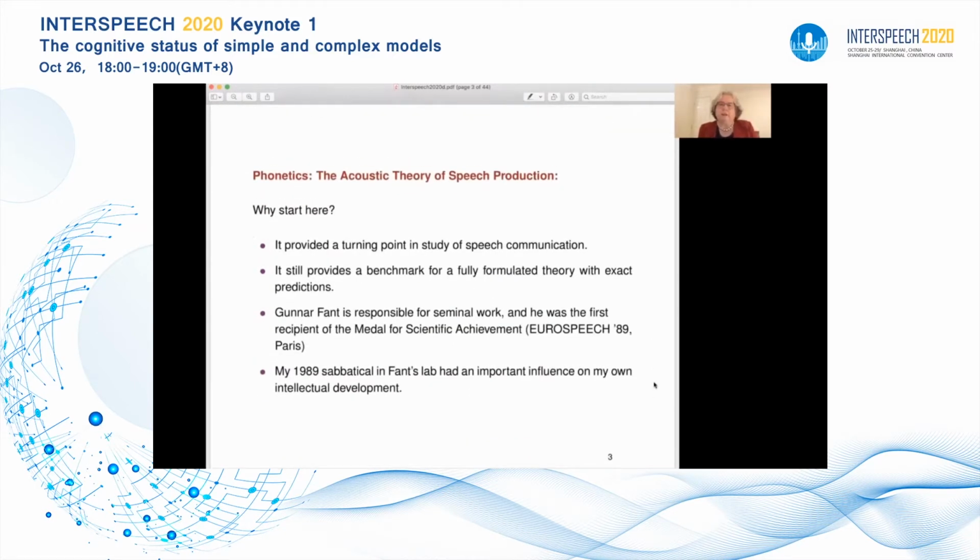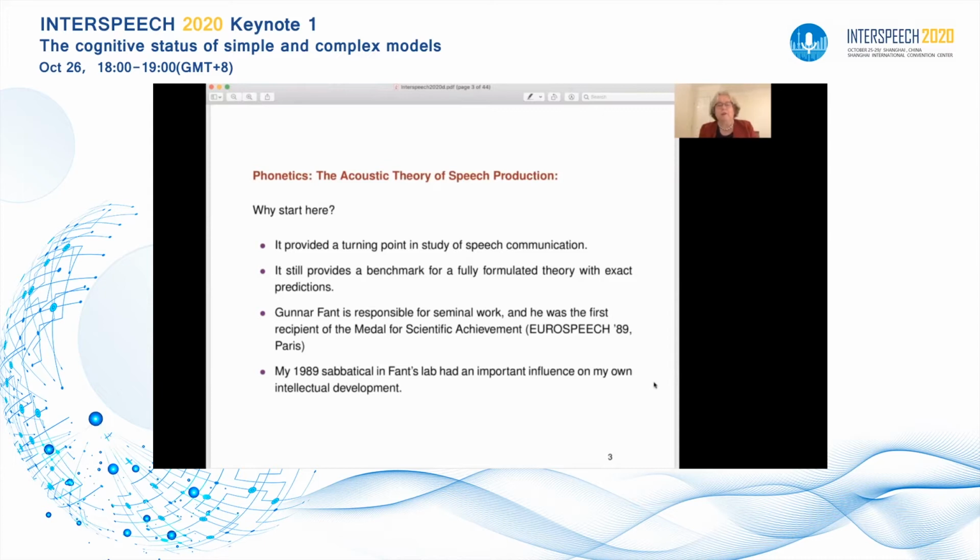Now, the phonetic theory I'm going to talk about is the acoustic theory of speech production. And why start here? First, it provided a turning point in the study of speech communication. And from my point of view, it still provides a benchmark for a fully formulated theory with exact predictions.